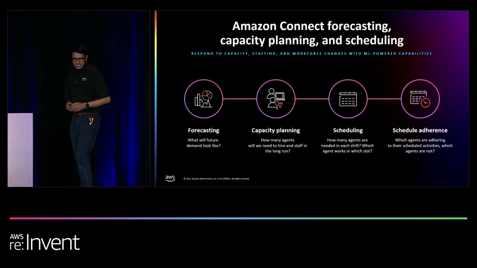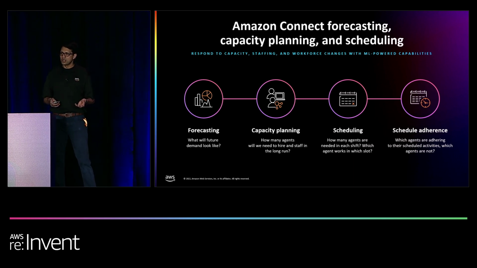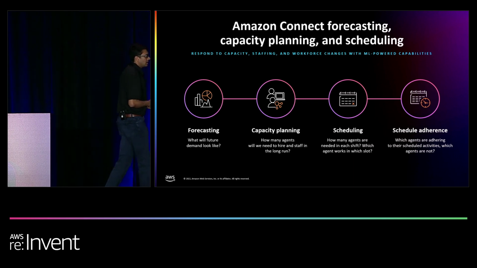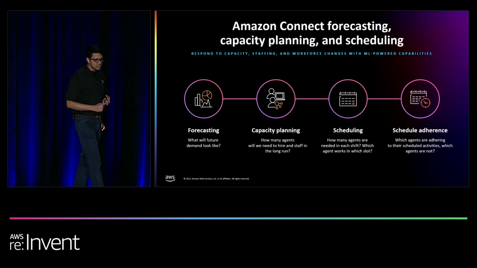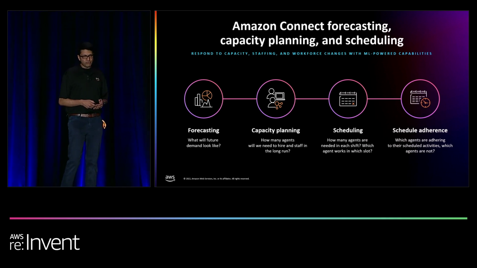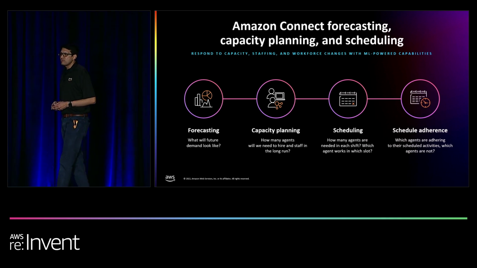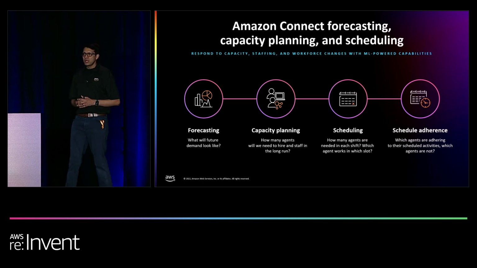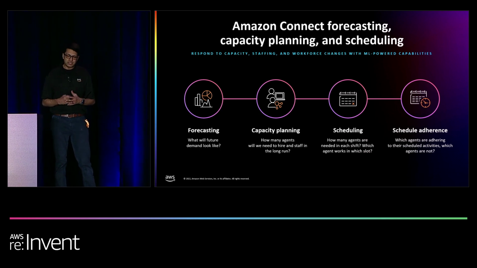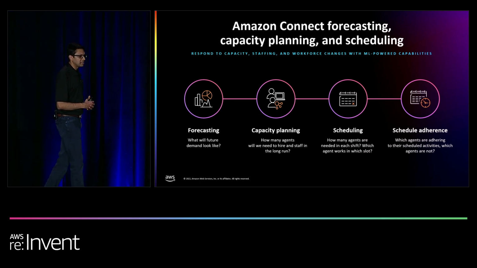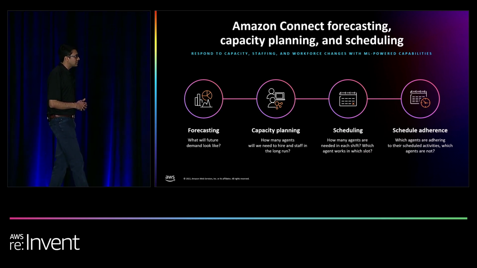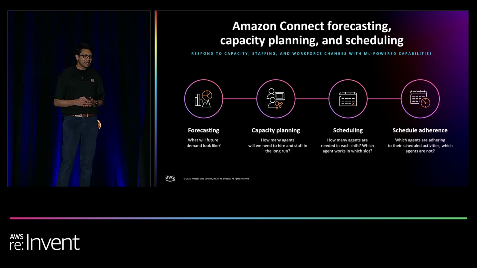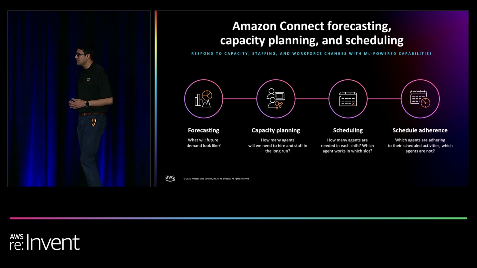Okay, so let me get into what are those capabilities that we launched yesterday that are generally available right now. One is the forecasting capability. The forecasting capability lets you forecast the contact volumes and average handling times of all the contacts, like chat and voice contacts coming in. And that gives you an accurate projection for the next 12 to 18 months.